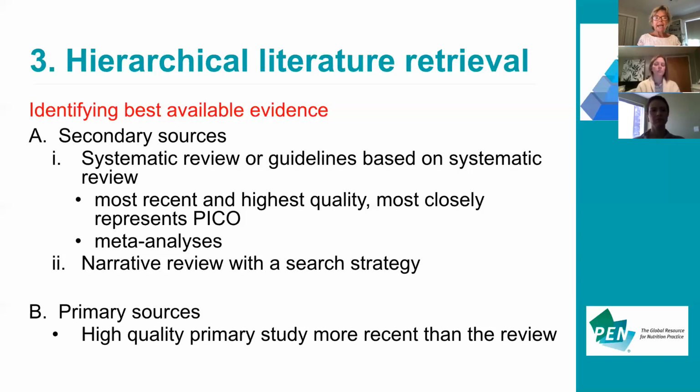Primary sources can be used and should be used, certainly if there is no secondary source, or if there's some information that's more recent than the review. And we'll be looking at making sure that it's a high quality primary study if it's included. So again, not identifying every shred of evidence.